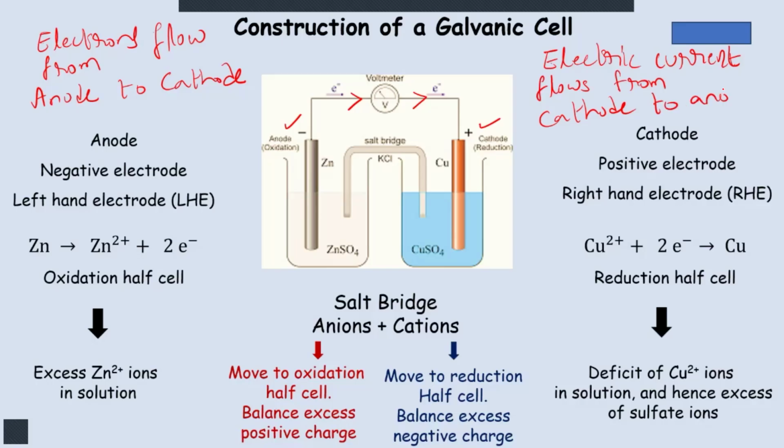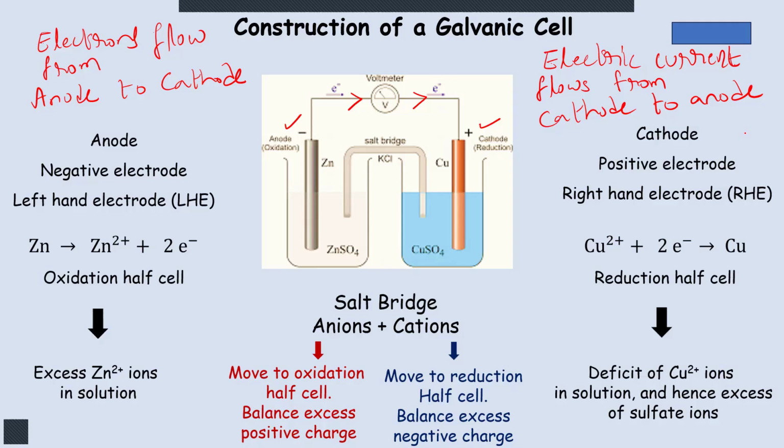So electrons flow from anode to cathode. Electric current flows from cathode to anode. So this is how a galvanic cell works, and this is how current is produced using a galvanic cell.